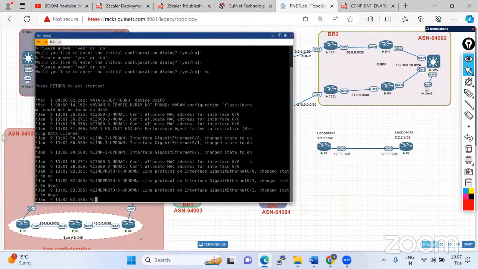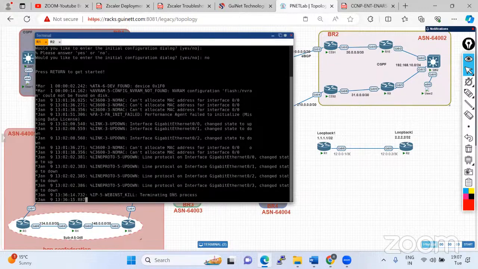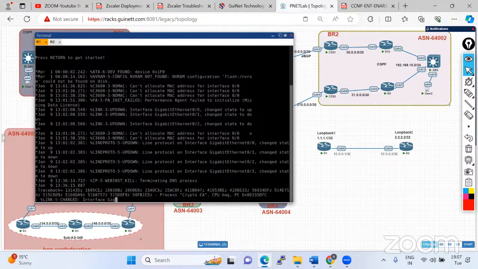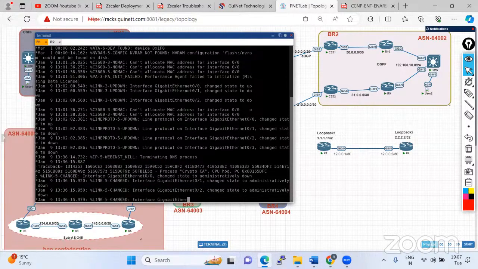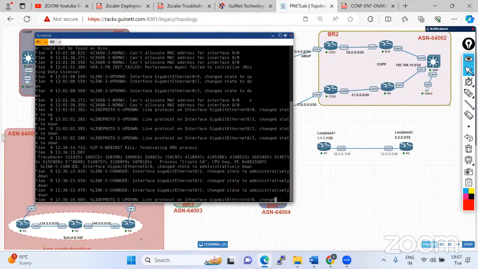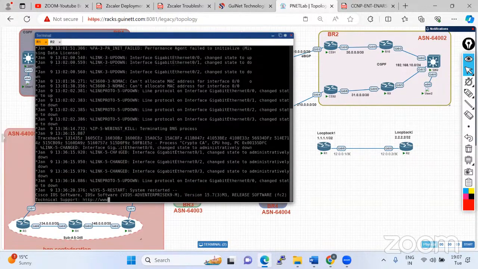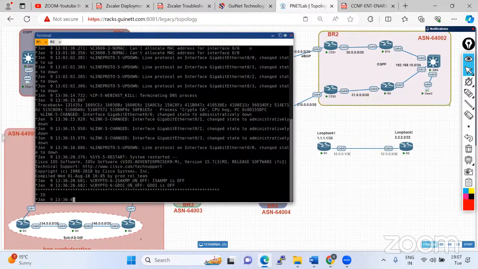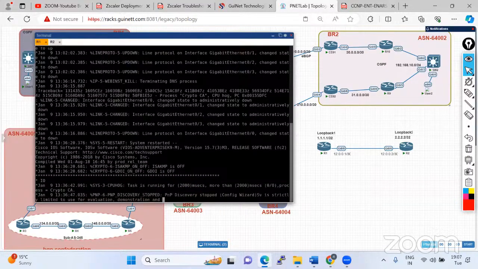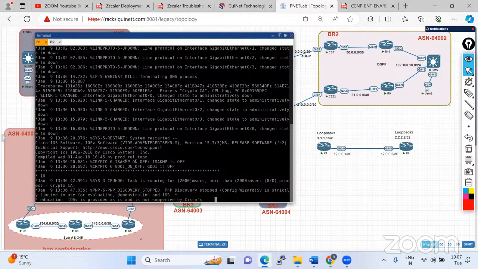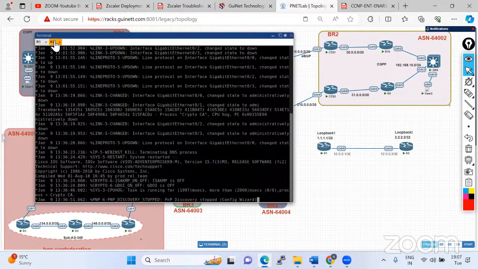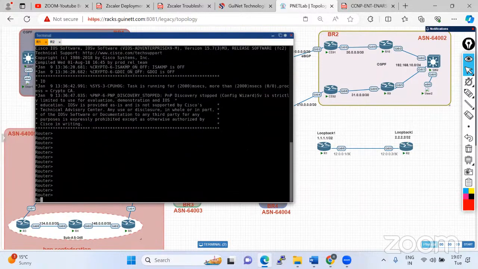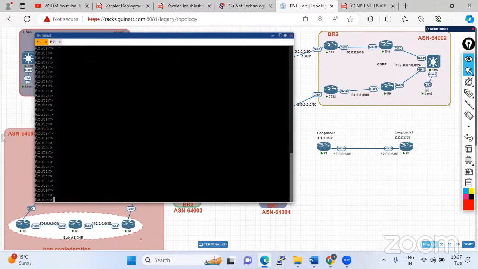So let me show you here. Quickly, let me configure it.